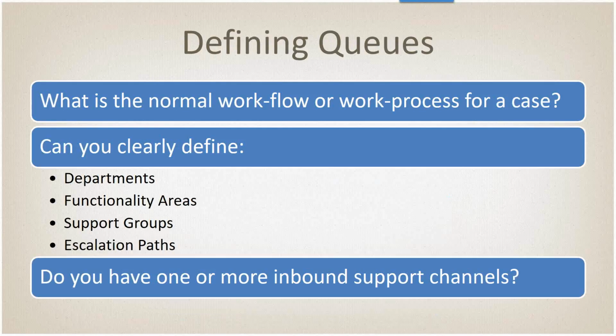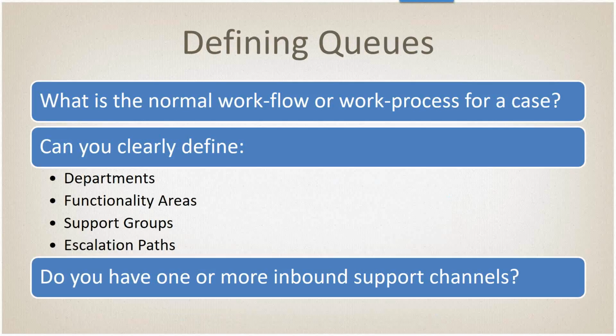So when we actually work with the queues, going back to some of our earlier stuff about processes, we need to worry about what is the normal workflow or work process for a case, as in somebody creates a case, somebody works the case. Then what is the escalation process, if we need one? Do we have a check on this?